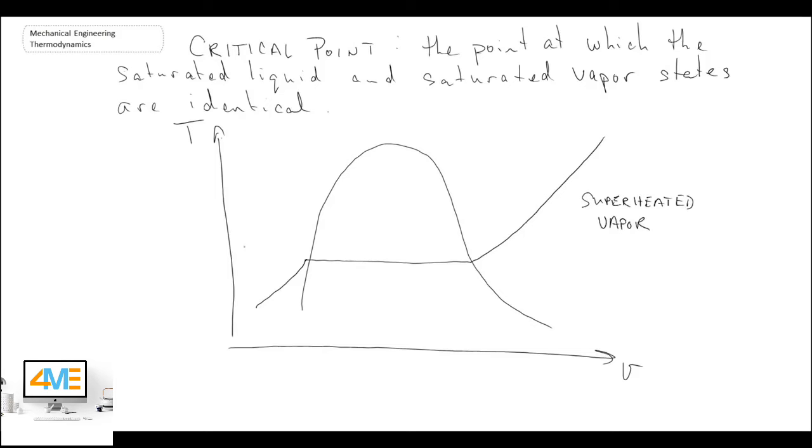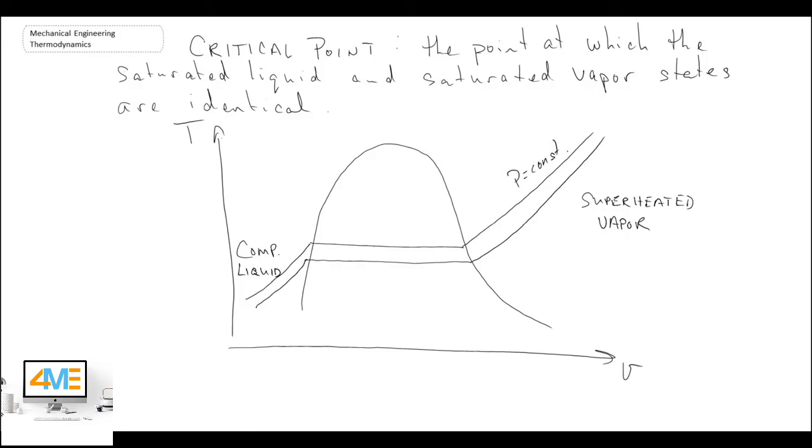And over here, you're in the compressed liquid region to the left of your two-phase region. So you can have multiple lines coming through, each of them at their own specific P equals constant value.